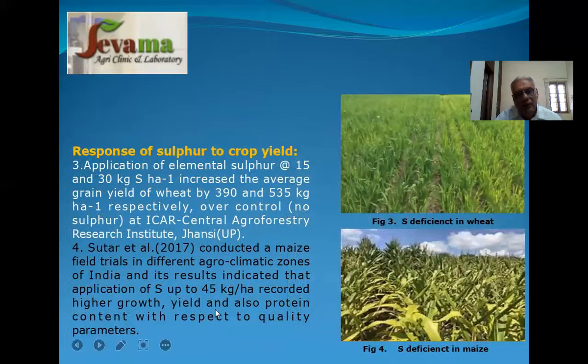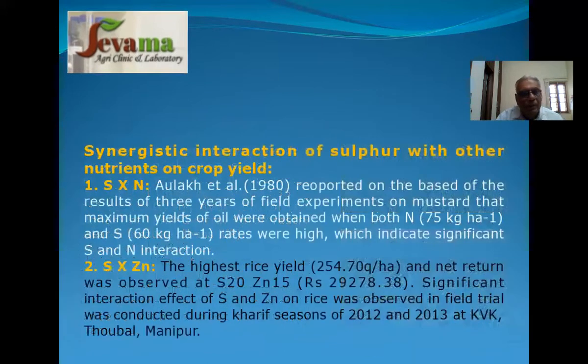So by application of sulfur, we can increase the protein content in maize crop and in wheat crop also. Here you see sulfur deficiency in maize crop. You can see the deficiency in the top leaves or young leaves.